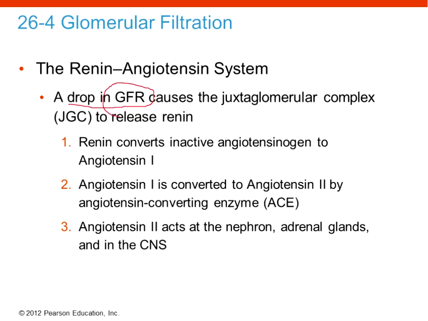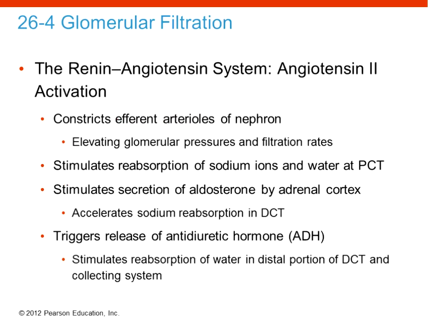That causes the juxtaglomerular complex to release renin. Renin has several steps. That's why they call it the renin-angiotensin system, because renin converts inactive angiotensinogen to angiotensin 1. Angiotensin 1 is then converted into angiotensin 2 by ACE, or angiotensin converting enzyme. And then angiotensin 2 can act at the nephron, the adrenals, and other locations in the CNS to stimulate pressure.